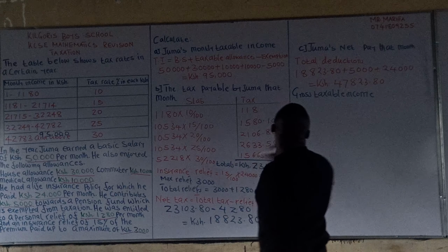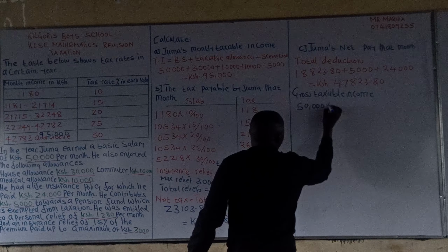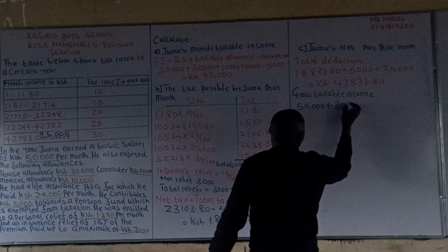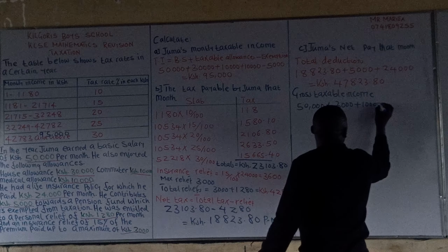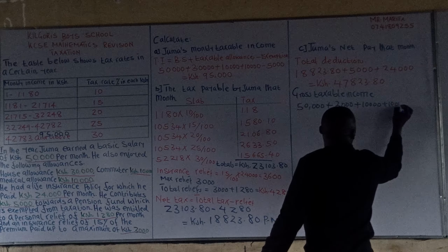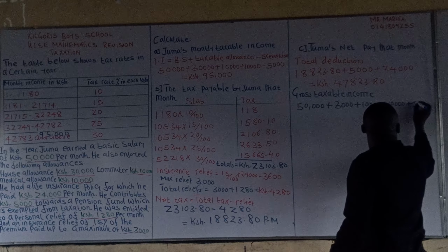First we have 50,000 plus 3,000, that is a house allowance, plus 10,000, that is commute allowance, plus another 10,000, that is the medical allowance. Then plus the 5,000.